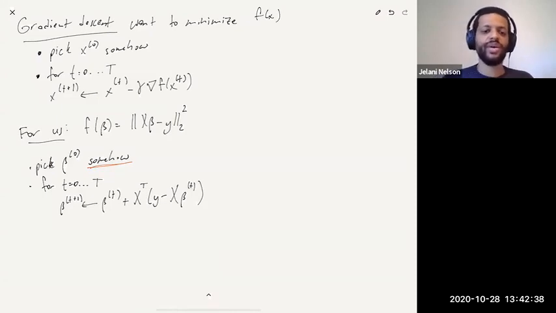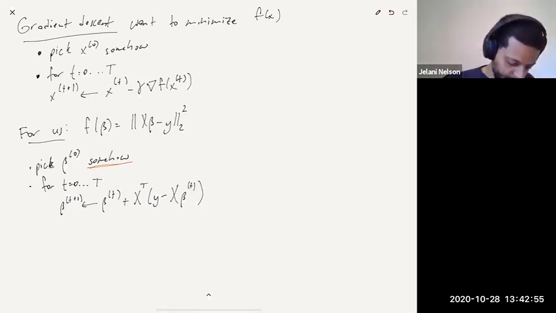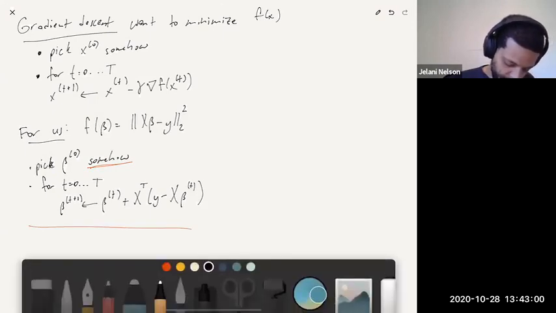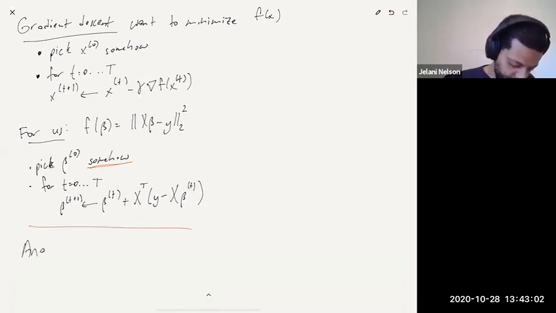For now, let me pretend X actually had this condition, and let's try to analyze this and see what comes out. So let's do analysis.